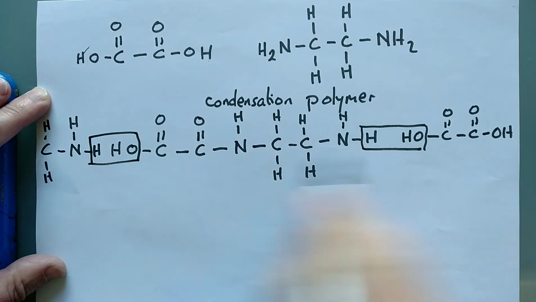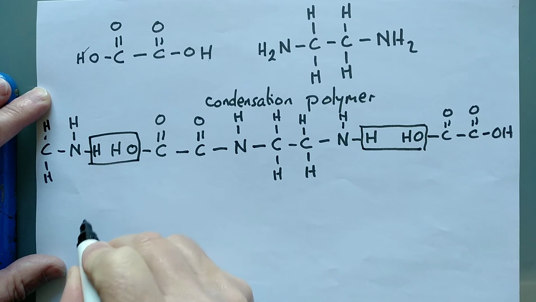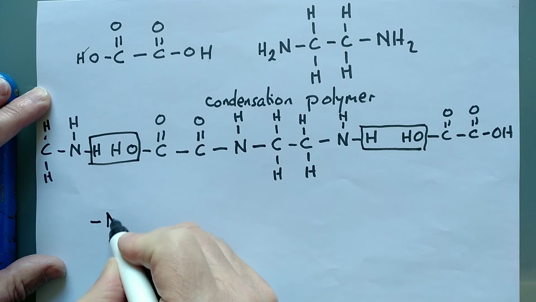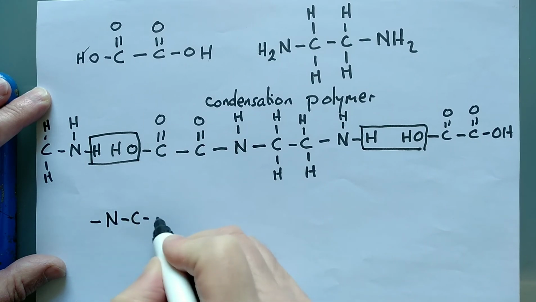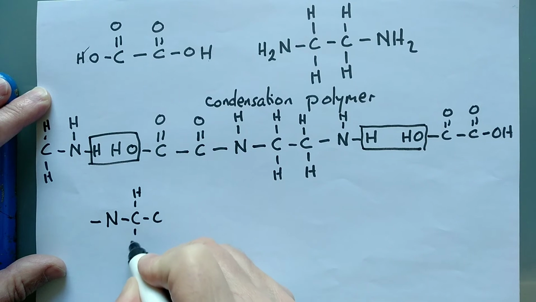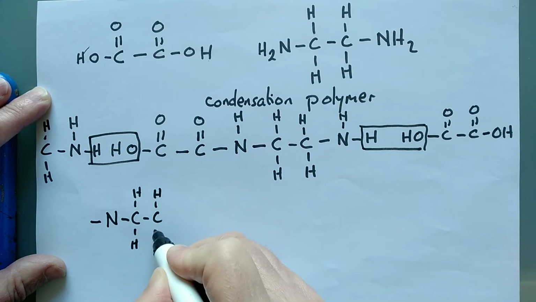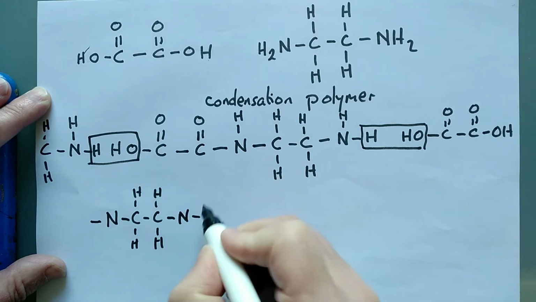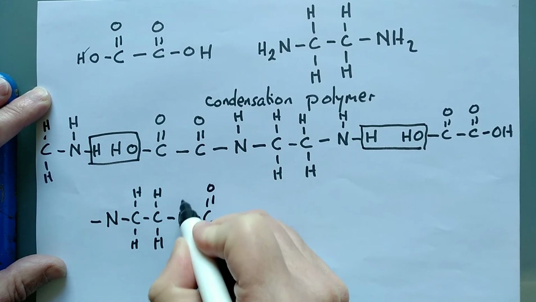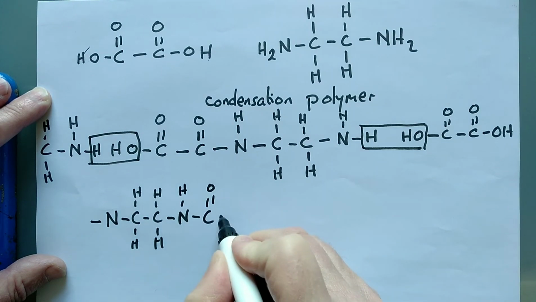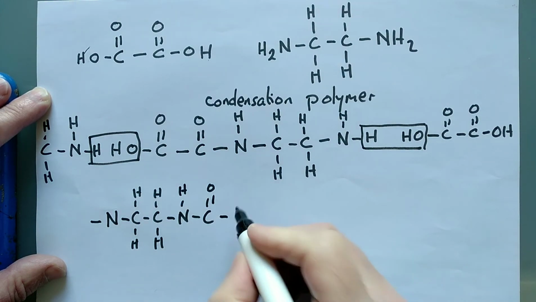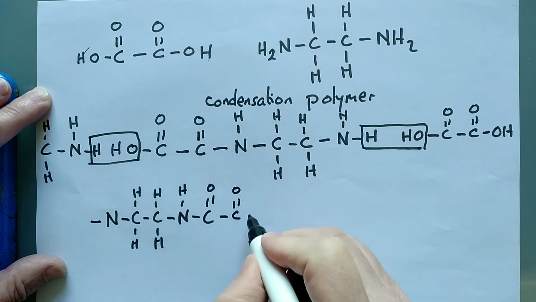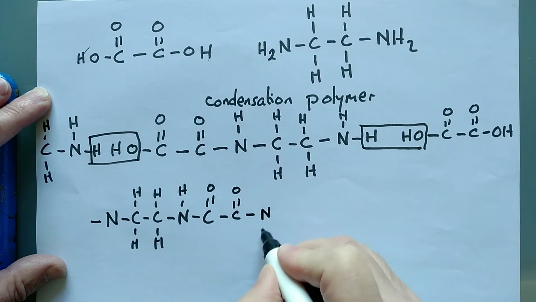Let me see if I can draw something similar to it. I won't bother with the end. So this end will have a nitrogen on it. We'll have two carbons, both with hydrogens on. This nitrogen here, attached to this carbon here. This is our amide link. Then we've got the two carbons from the dicarboxylic acid to another nitrogen.